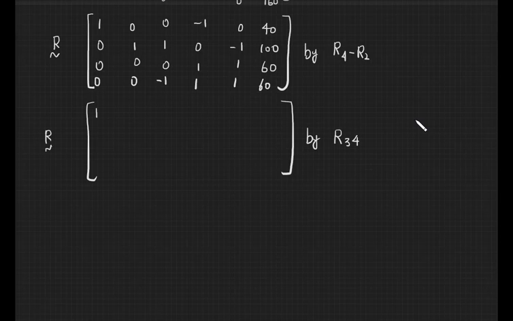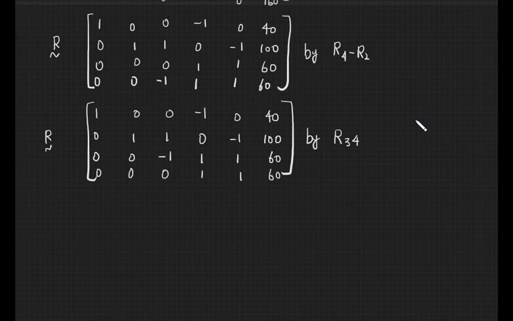So we will write down the entries of the first row, entries of the second row, and the entries of the third row. So we will interchange the entries of the third and fourth row. So we'll write the entries of the third row as the fourth row. So that would be 0 0 minus 1 1 1 60, and we have got 0 0 0 1 1 60.